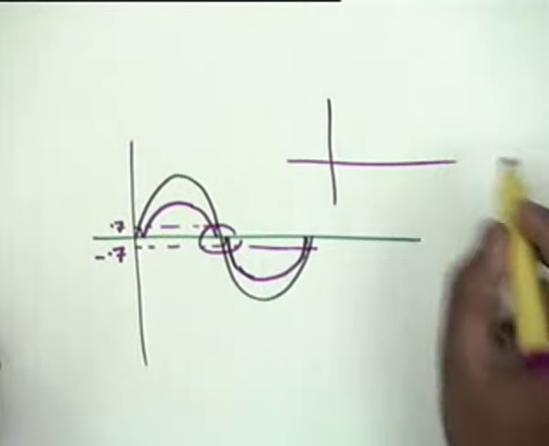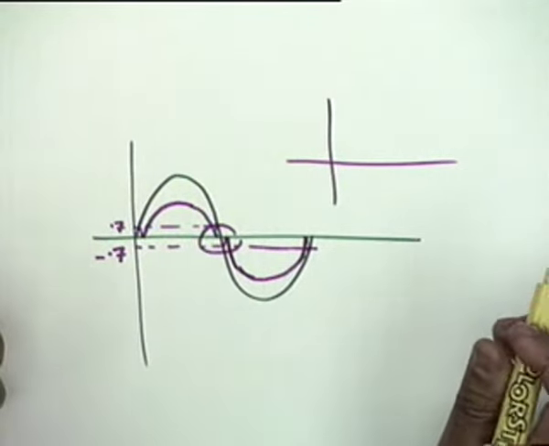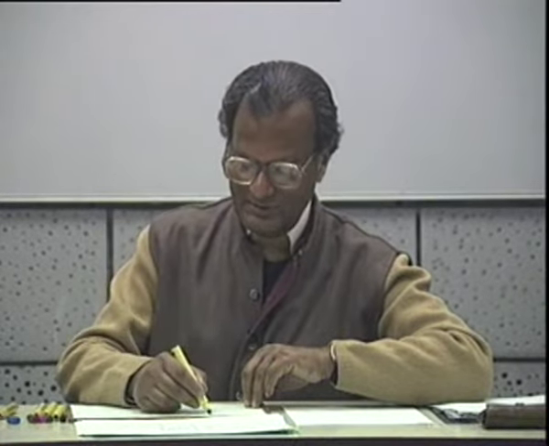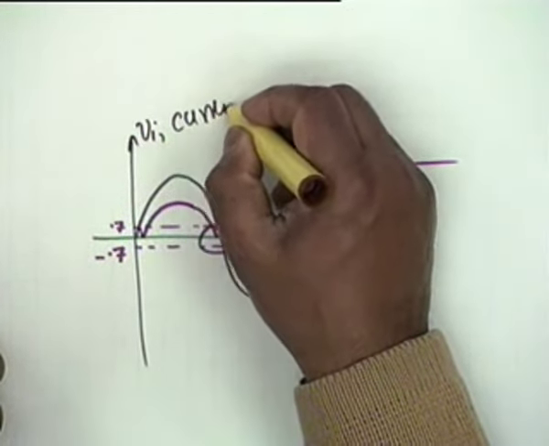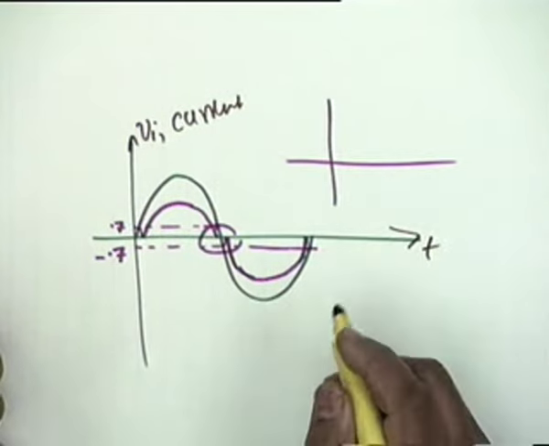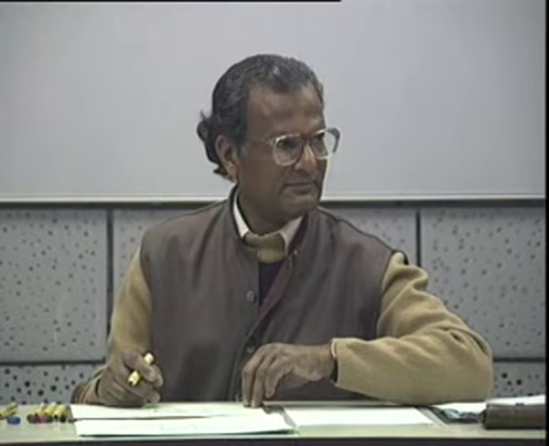So the current waveform, if I draw it independently, is Vi or current versus time. Sir, this is similar to class C operation. Quite so, this is similar to class C operation.